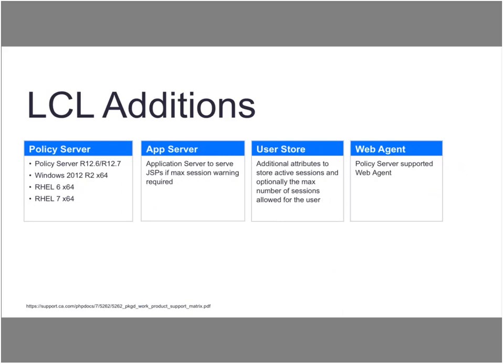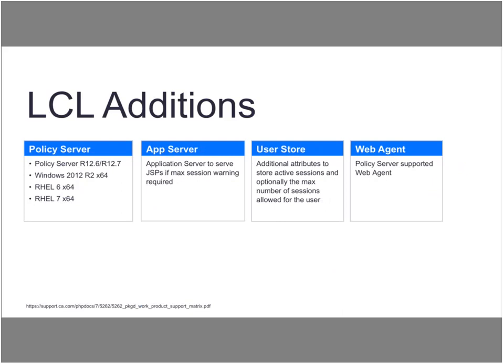This slide is really about the dependencies for the LCL module. The module is supported for both SSO Policy Server 12.6 and 12.7 on Windows 2012, Red Hat 6 and Red Hat 7.